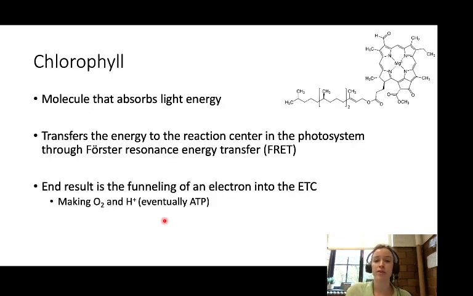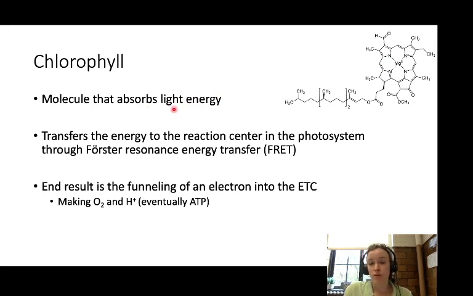Finally, we have your chlorophylls. Chlorophylls are just these massive molecules shown here on the top right. They are very much made of hydrocarbons, but you can also see this central magnesium that is important for the absorption of energy.